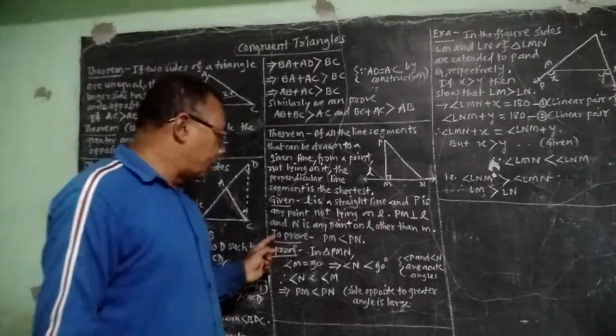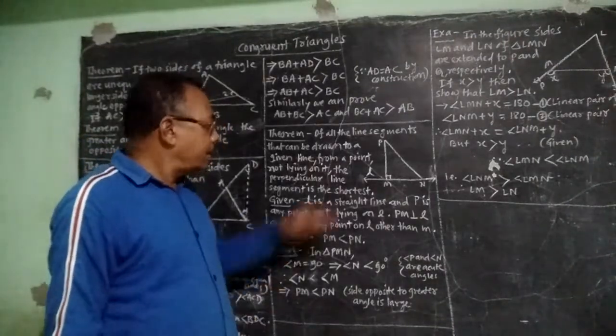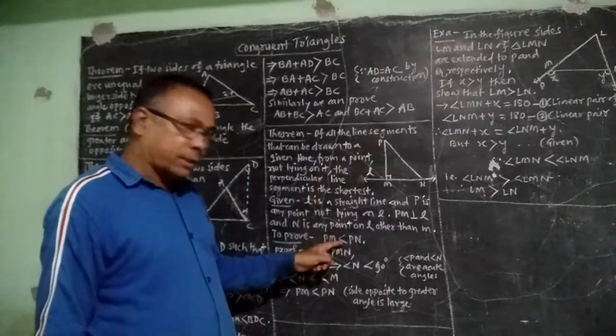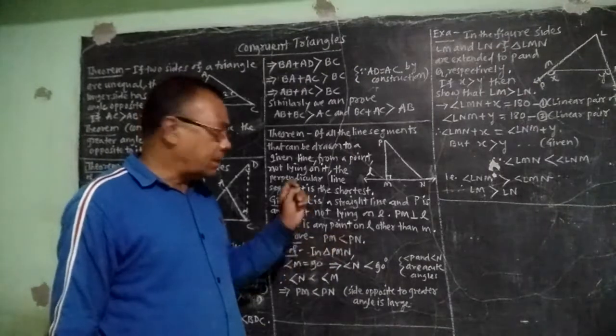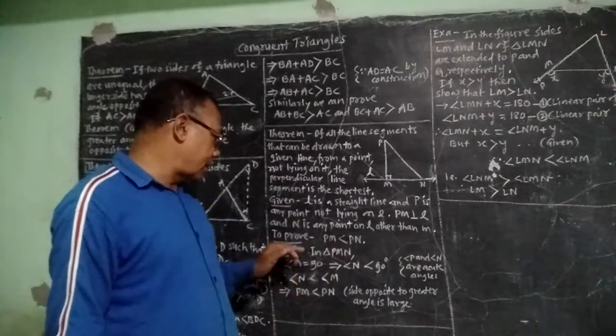To prove: PM is less than PN. Now we will write the proof.